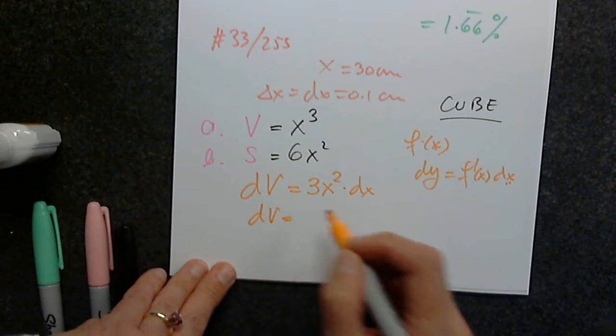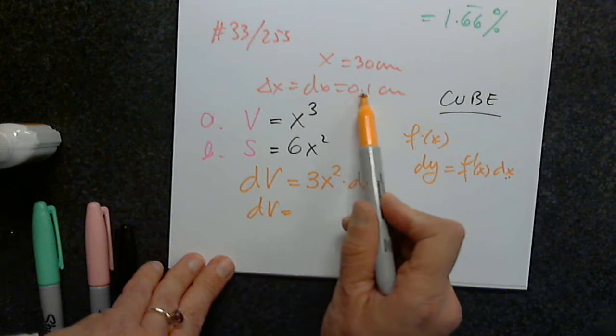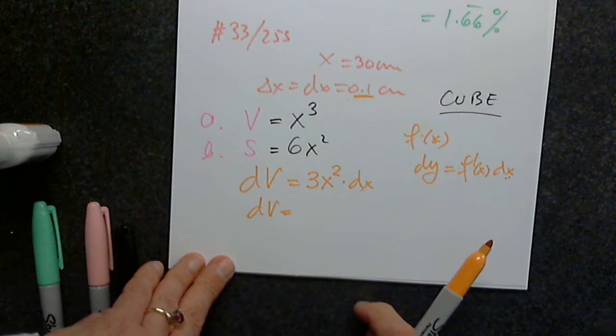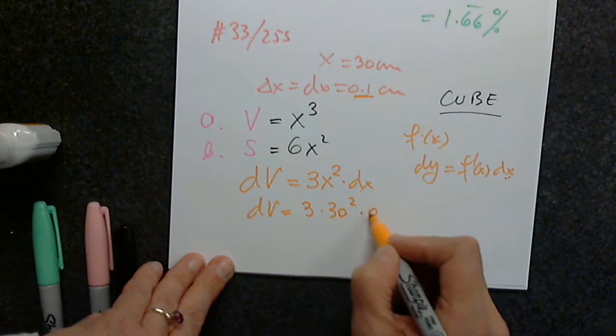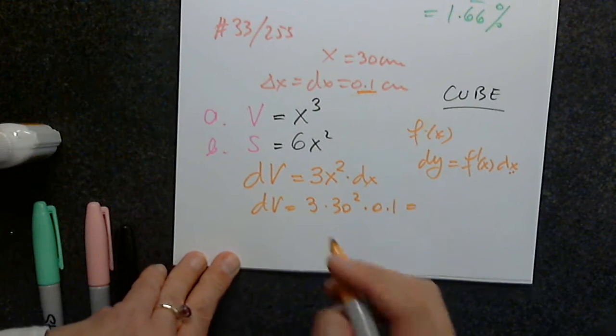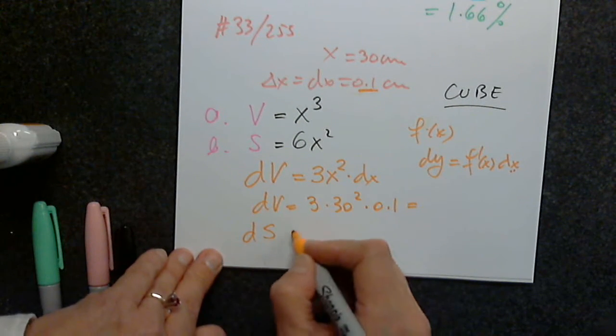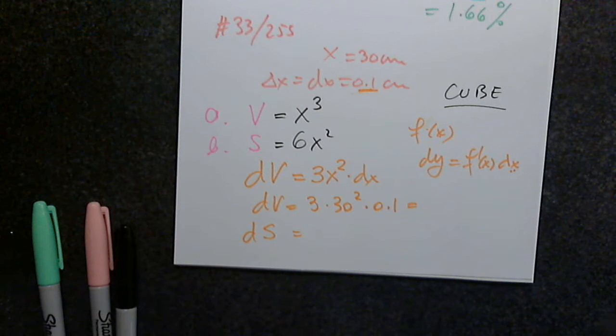So this is the approximate error triggered by this error in the edge of the cube. So this will be 3 times 30 squared times 0.1, whatever that is. Now let's determine the same thing for dS before we look at the relative error and the percentage error.